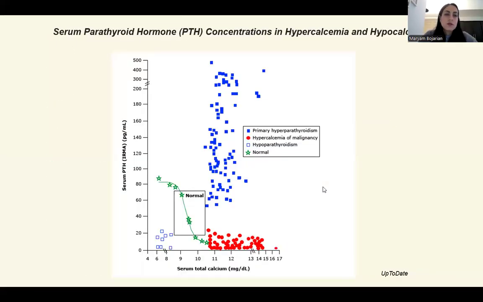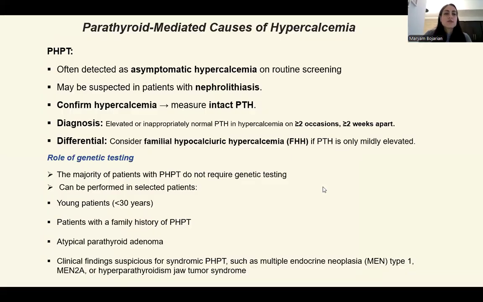Okay, so let's talk about the differential diagnosis of parathyroid-mediated causes of hypercalcemia. We had three differentials: primary hyperparathyroidism, FHH, and tertiary hyperparathyroidism. Primary hyperparathyroidism is often detected as asymptomatic hypercalcemia on routine screening, and may be suspected in patients with nephrolithiasis.